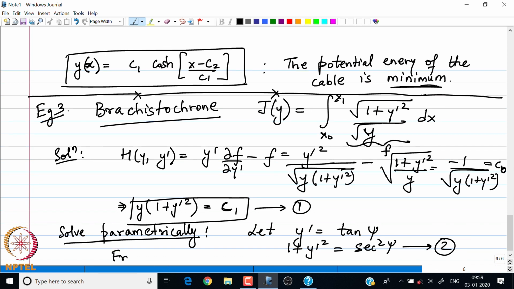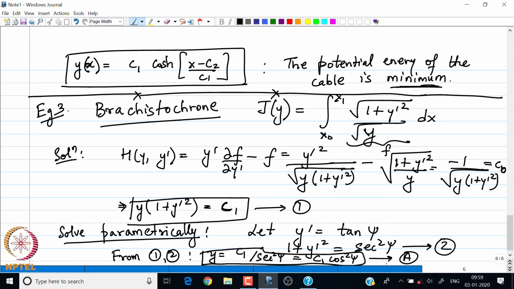So from 1 and 2 I get that y is equal to C1 divided by secant squared psi, which is also equal to C1 cos squared psi. So I have already found the parametric representation of y with respect to the parameter psi. Let me call this expression A, and now my next task is to find the expression for the x component as a function of the same parameter psi.